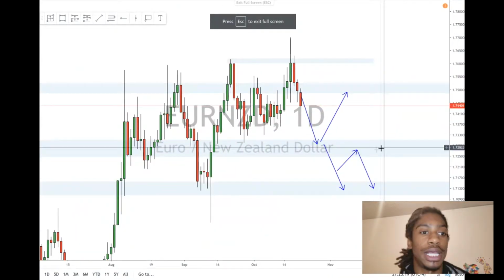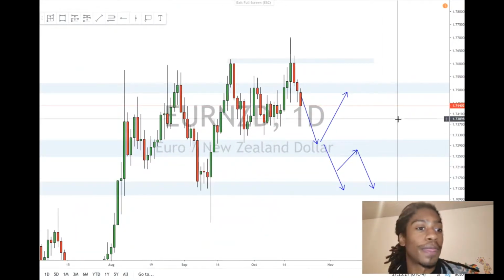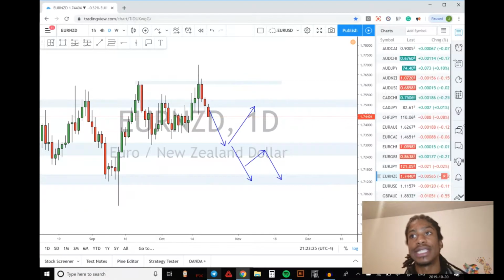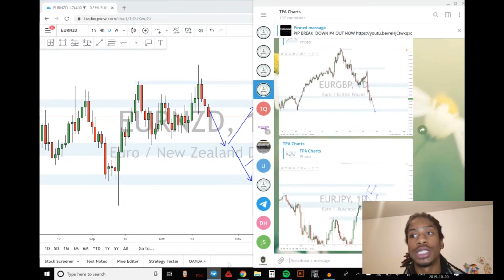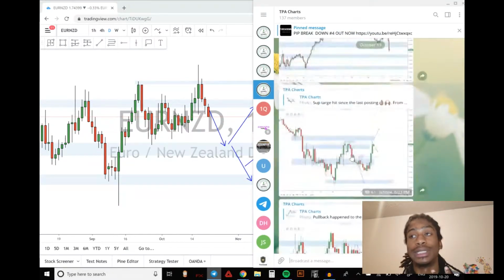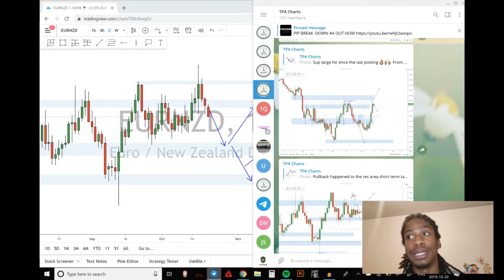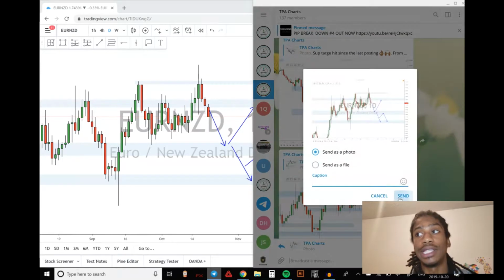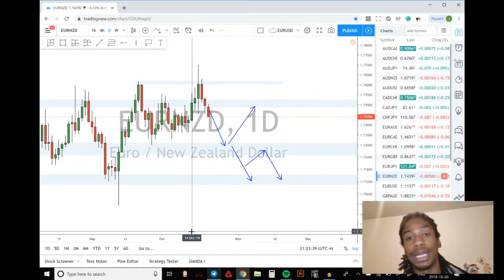Let's send this over to the Telegram. And I hope me doing this in a quick manner of sorts can go to show you how simple the analysis really needs to be, how easy and effortless the analysis really needs to be. There's no real need to be struggling or making it complicated.